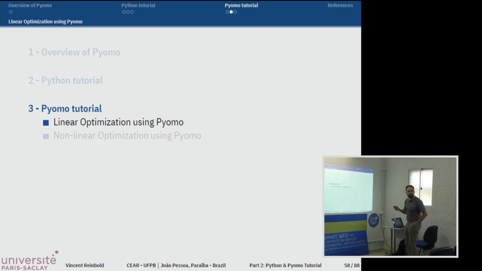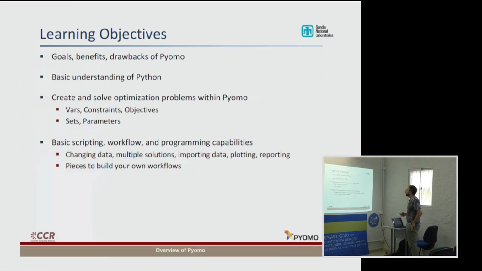So let's start first with some simple examples so you can start to learn how to use Python to make optimizations. The objective of this example, as I said, is a really simple example.